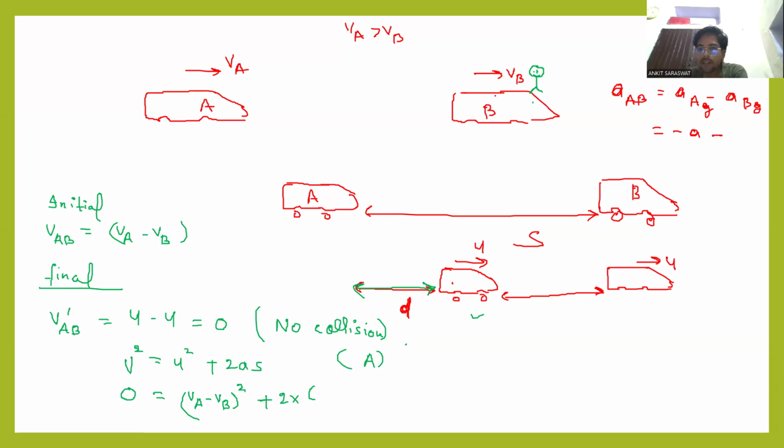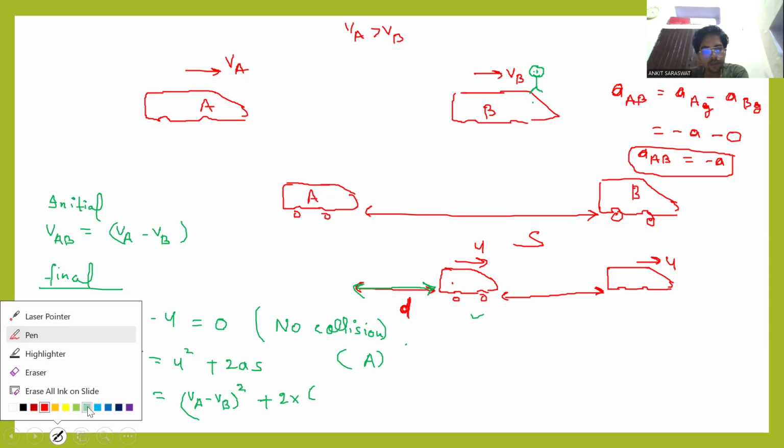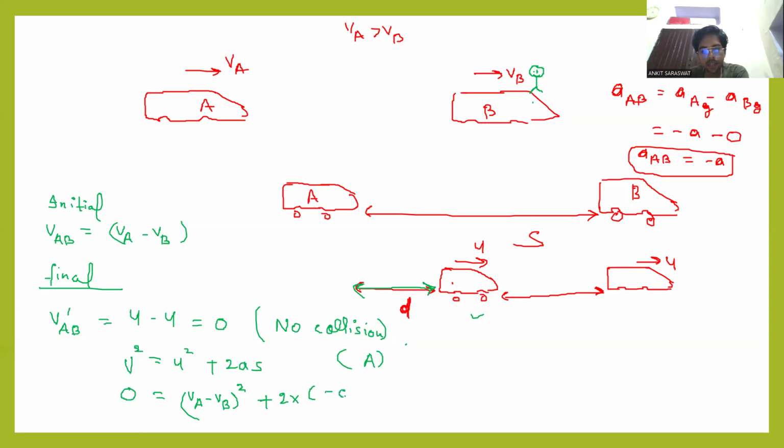There is no brake applied in car B, so there is no acceleration. It is moving with a constant velocity. So the acceleration of car A with respect to car B will be minus A. So you can write here it is minus A, and how much does this car travel? D. You can check. Okay.